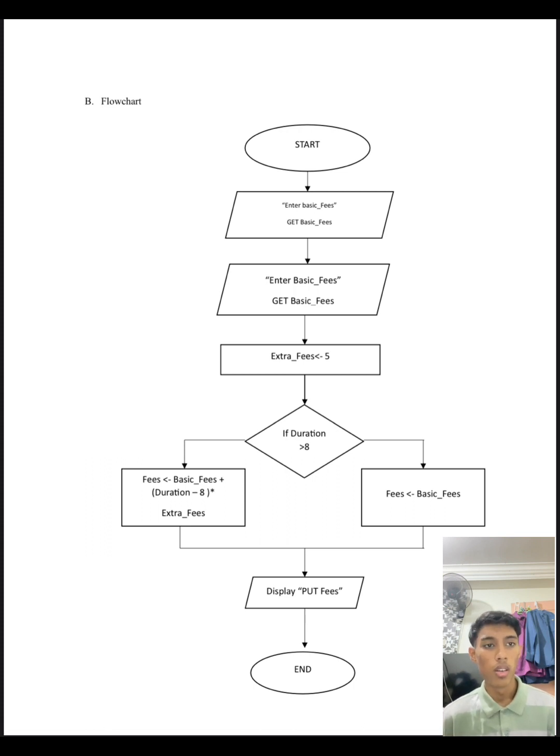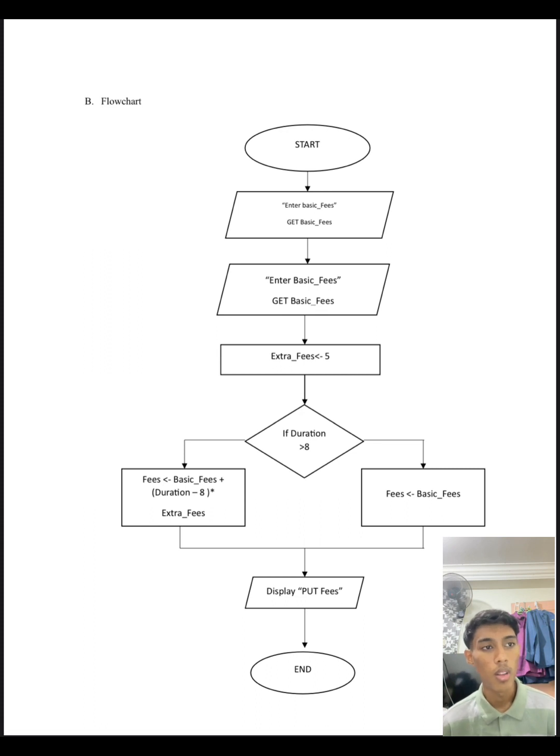Based on the flowchart that I sketched in my Word document, as you can see, there are several types of symbols: the first is the oval, the second is the arrow, the third is the input output shape, the fourth is the process shape, and the last one is a diamond shape, which is decision.